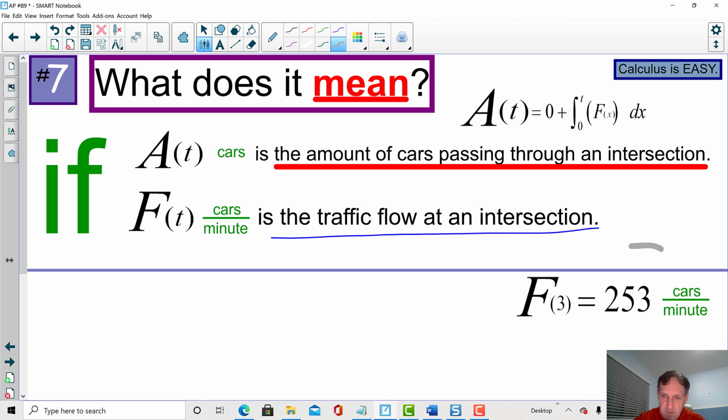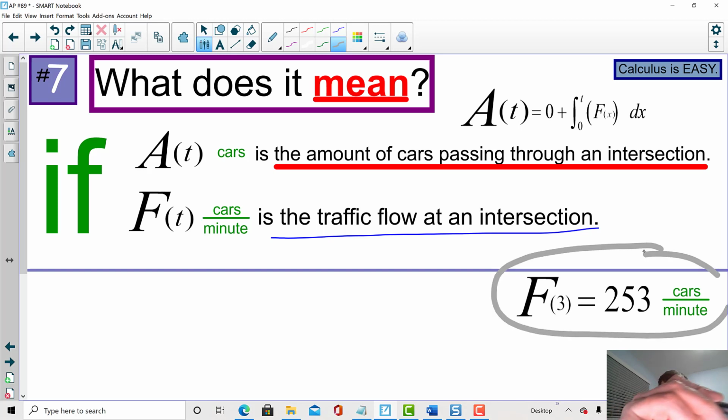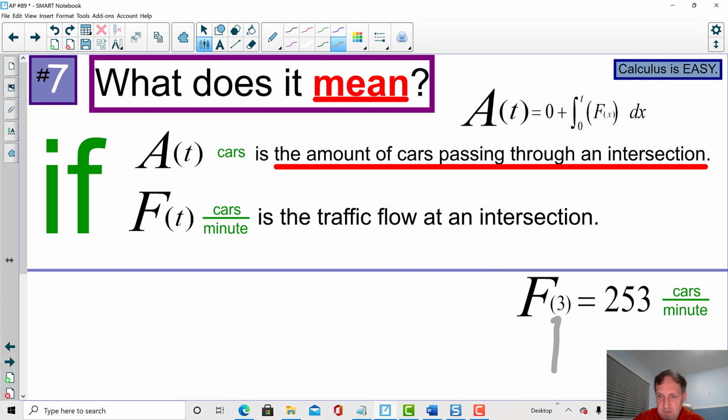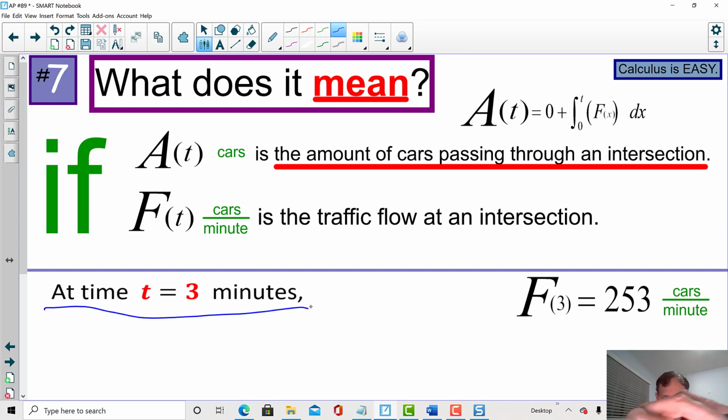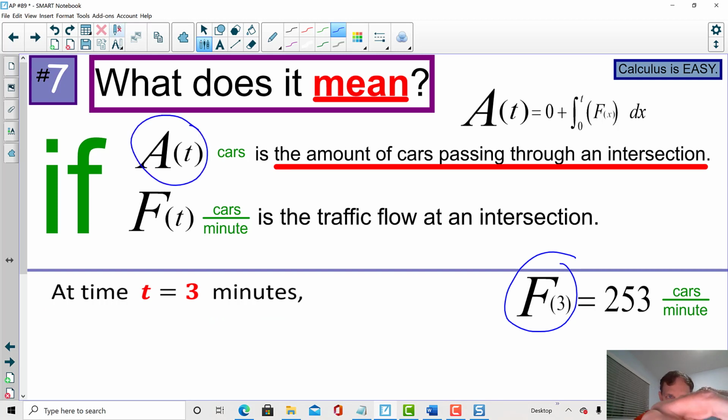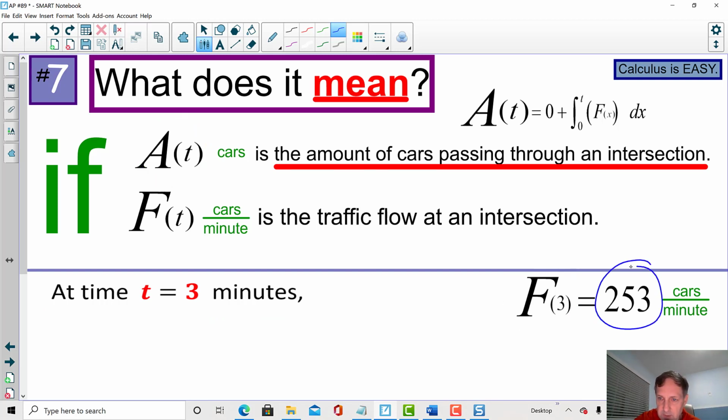Now, if they want me to explain the meaning of this, I always try to start with time. We can clearly see here that at time t equal to 3 minutes, now I want you to know that f is a derivative. It's the derivative of the A function, and it's a positive number.